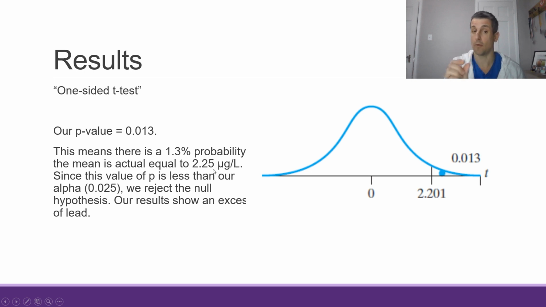That's a very small percentage. The most likely thing is that our mean is above 2.25, so it's at a concerning level. Since the p-value is less than our alpha, we reject the null hypothesis. Our results show an excess of lead in the water.